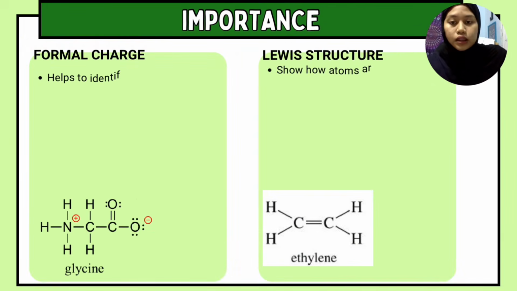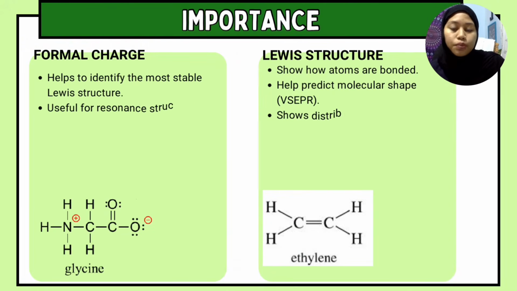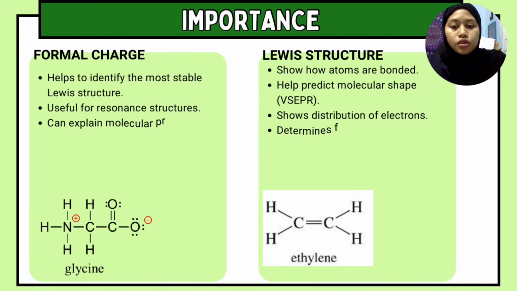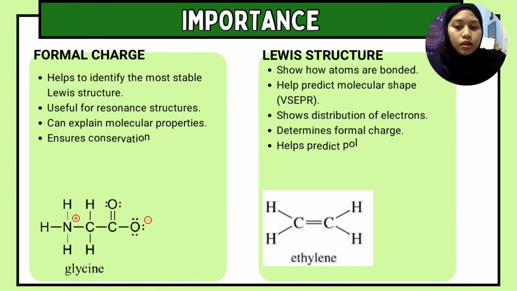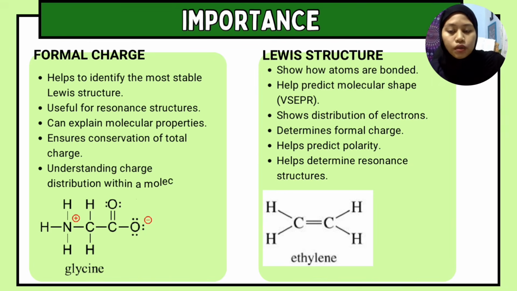So now, this slide summarizes why Lewis structures and formal charge are important in chemistry. So for the left side of the box is the formal charge. Formal charge helps us identify the most stable Lewis structure. It is especially useful when there are multiple resonance structures because the best structure is the one with formal charges closest to 0.